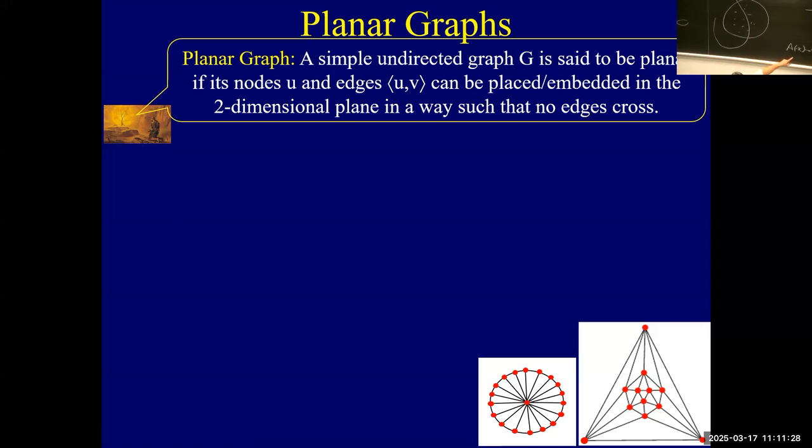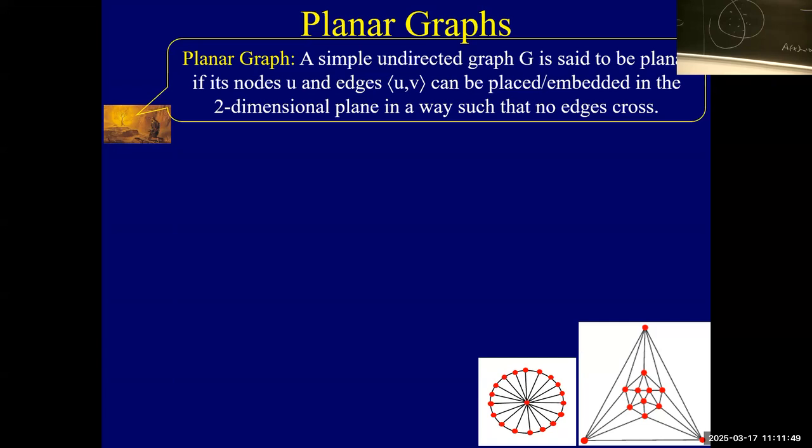What is a planar graph? What is a graph? It's a bunch of nodes with edges between them, right? You all know that from 1019. A planar graph is one you can draw in the plane where no edges cross, right? So those are planar graphs. What's a coloring?